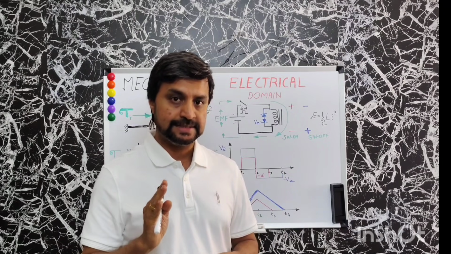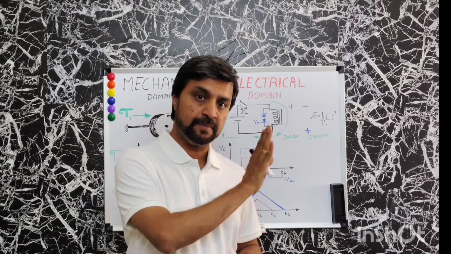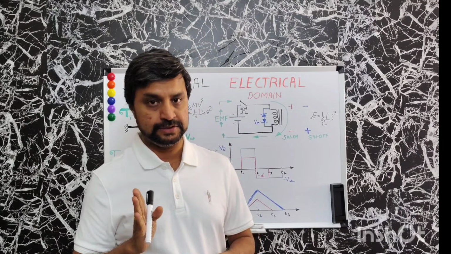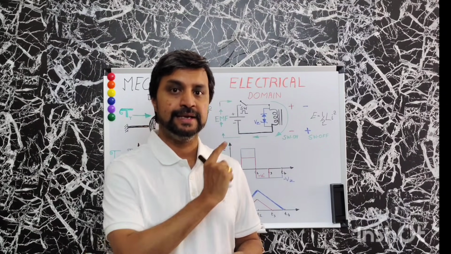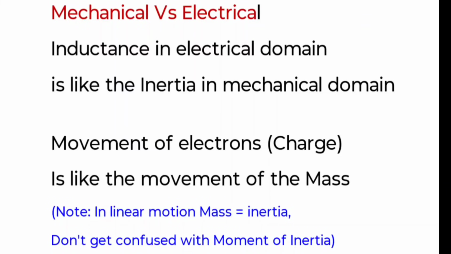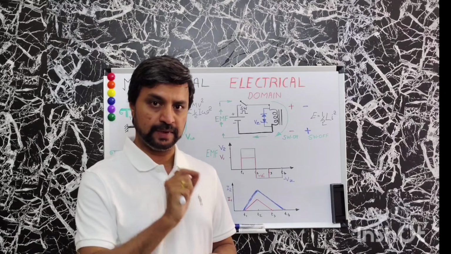You can see that the mass is the equivalent of the inductor from the mechanical domain to the electrical domain. And the velocity, what you're seeing in the mechanical domain, is the current or the movement of electrons in the electrical domain. In a mechanical domain, inertia is a property where a mass opposes any change of its velocity.